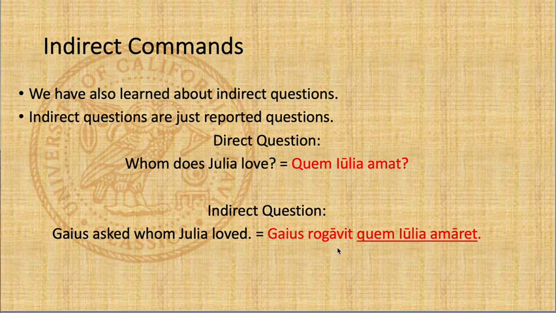We're in secondary sequence here because rogavit is in the past tense, and we are limited in secondary sequence for the subjunctive to the imperfect and the pluperfect. We use the imperfect subjunctive here because this amaret is incomplete with respect to rogavit.